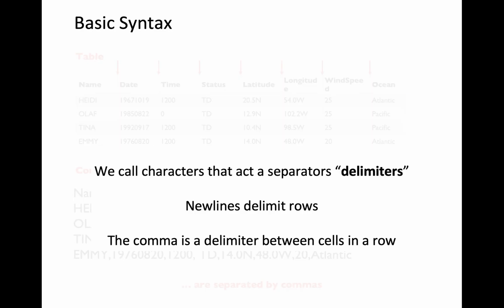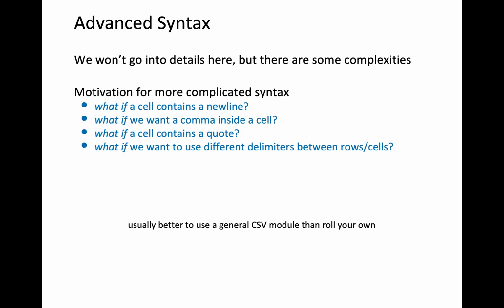Delimiter is the fancy word for saying separator. So we have two different delimiters that we'll have to deal with. One would be newline that delimits one row of the CSV file from the next row. The second would be the comma delimiter, which delimits cells within a single row.